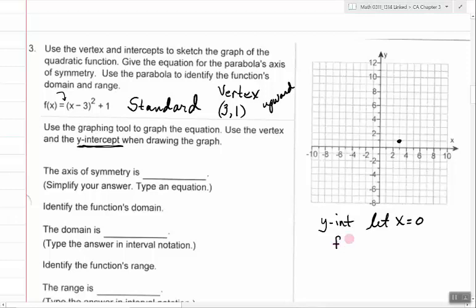So f of 0 is, open parentheses, 0 minus 3, quantity squared, plus 1. That is negative 3 squared plus 1, 9 plus 1, which is 10. The y-intercept is the point, x is 0, y is 10. 0, 10 is right up here.